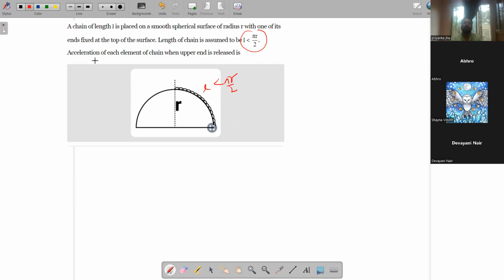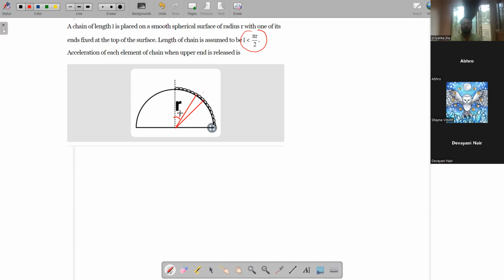So here we have to find the acceleration of each element of the chain when the upper end is released. See, we have to apply the concept of, we'll cut an element. Take the angle from the vertical, so at angle theta we'll have an element.